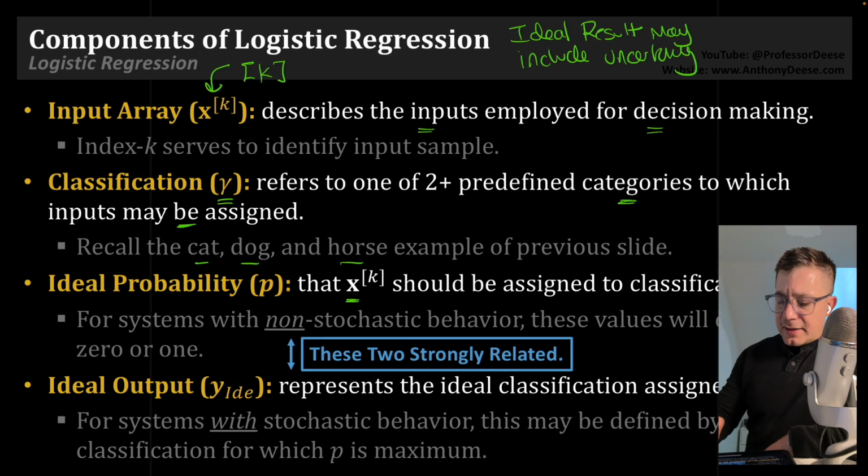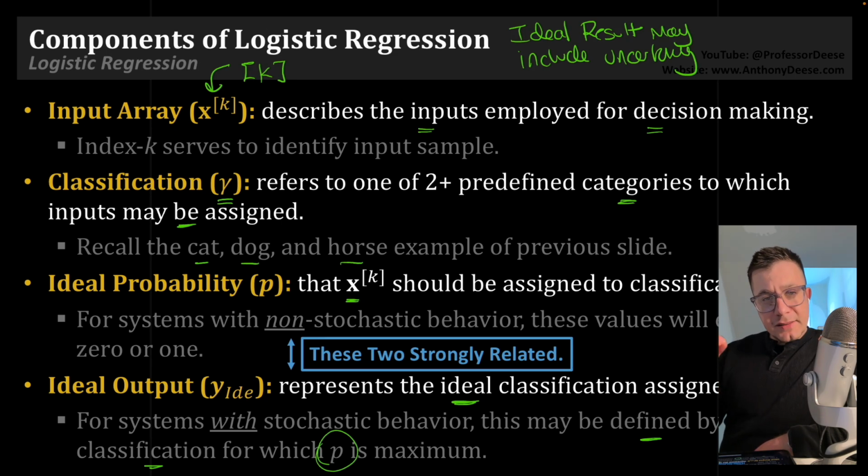This represents the ideal classification that should be assigned to a given input. Now, for systems with stochastic or probabilistic behavior, this output may be defined by the classification for which the probability is maximum. In other words, there may not be a single clear answer. The ideal result may include some uncertainty within it.